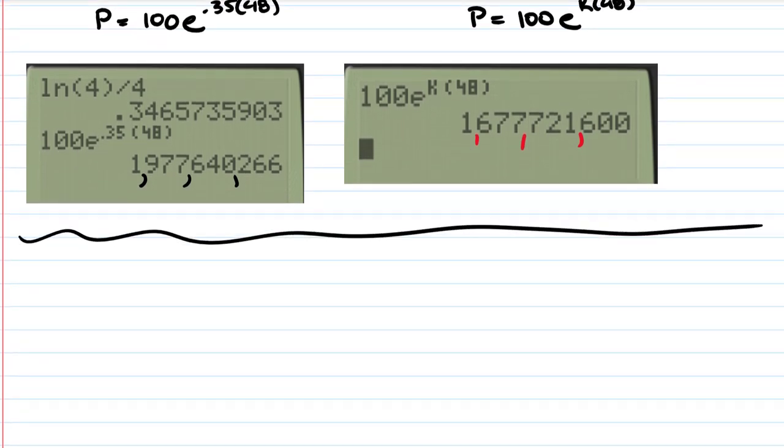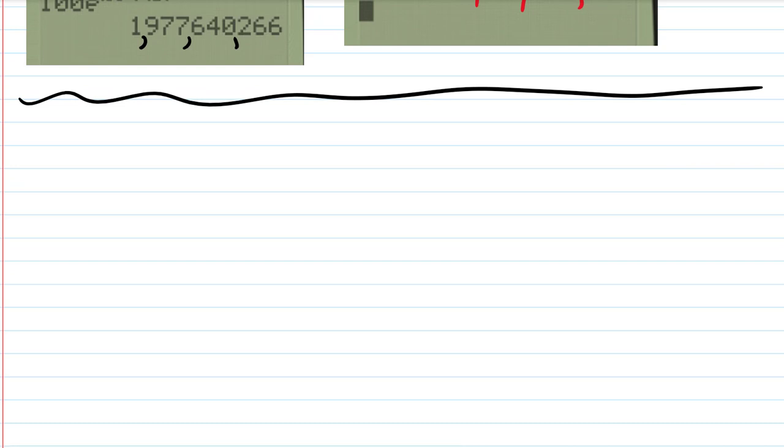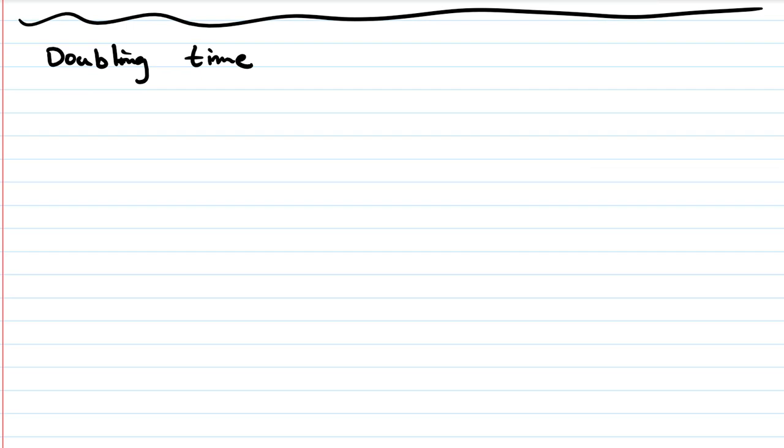So let's move on to something a little bit different. We want to talk a little bit about doubling time. For doubling time, let's start with our growth model, which is P is equal to P naught e to the kt. If we want this to double, what we really want is t when P is equal to twice the starting amount, P naught.